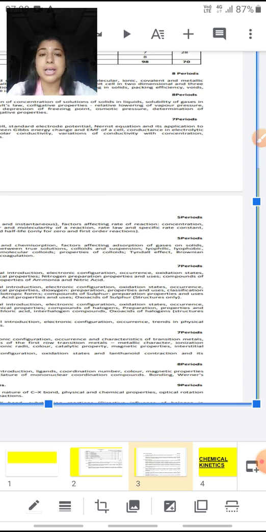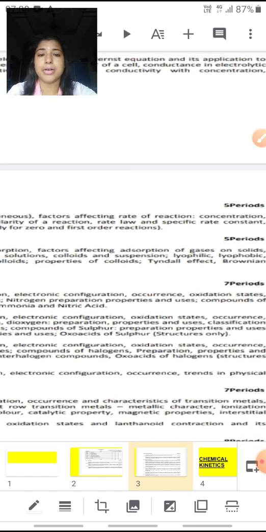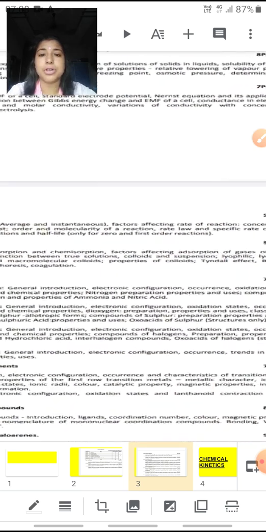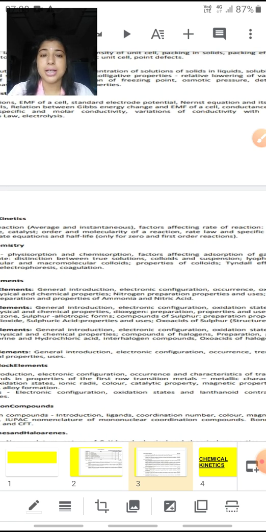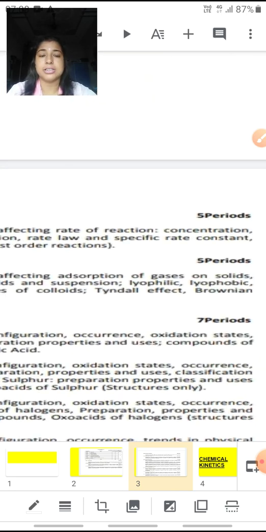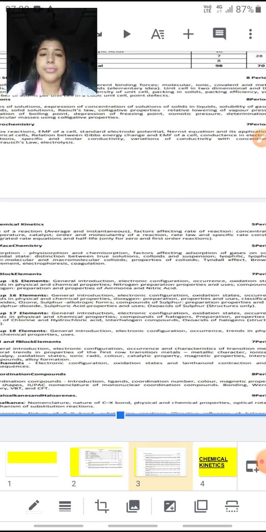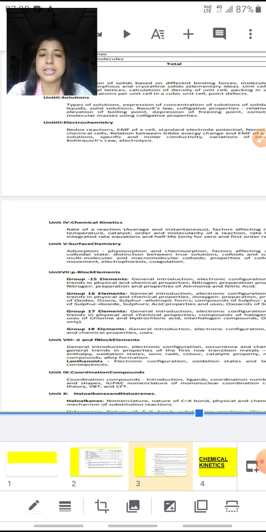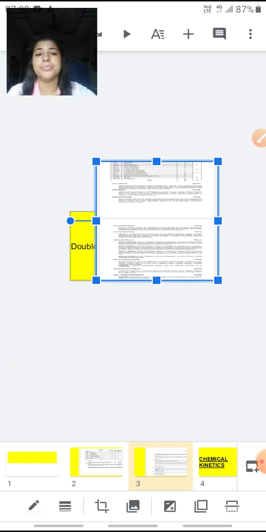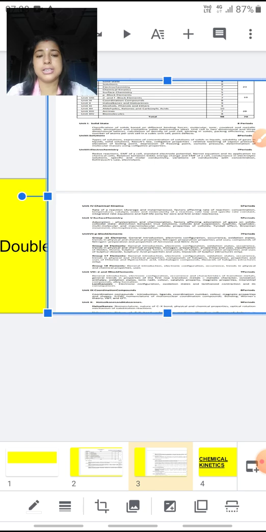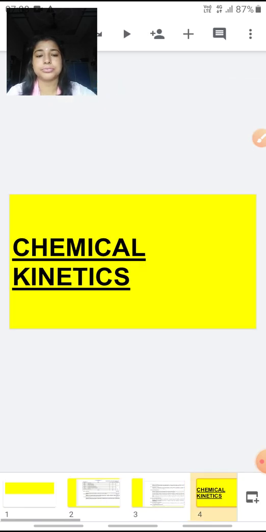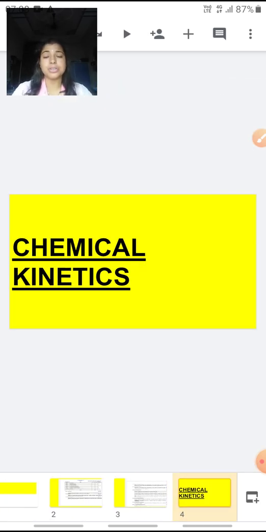The third topic is rate law, the order of reaction, then the rate law and specific rate constant. After that is the integrated rate law equation and half-life period. This is the only portion that we have to cover in this chapter. Now I'll start with the chapter. So your fourth chapter is chemical kinetics.